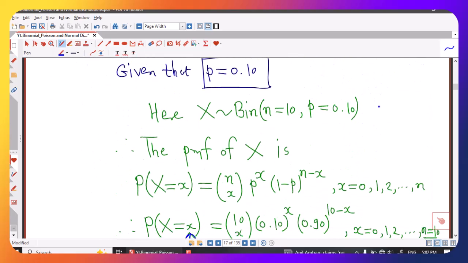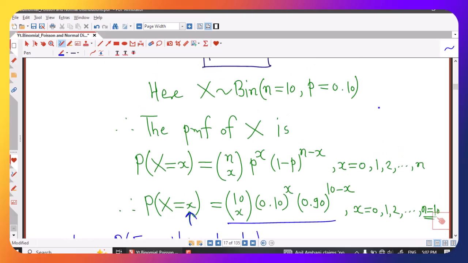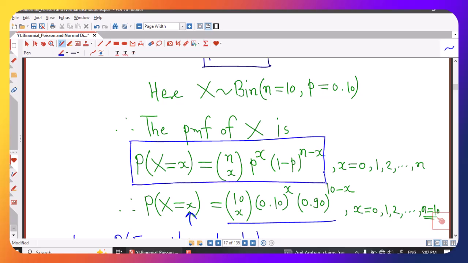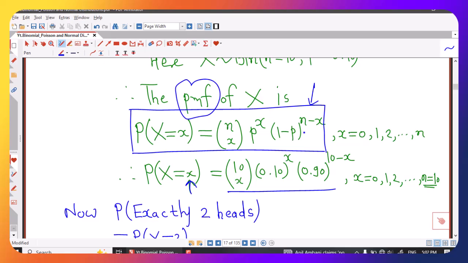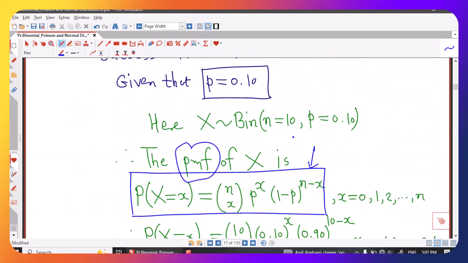All you have to remember is the probability mass function of the binomial random variable. If you are familiar with this formula, then you can calculate the required probability. So this is a nice question.